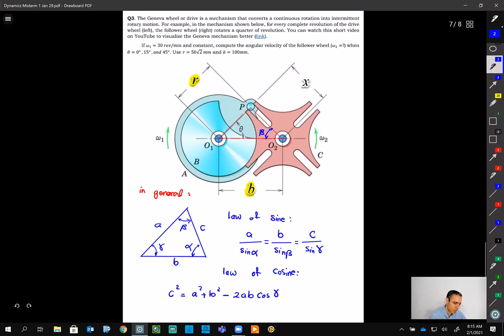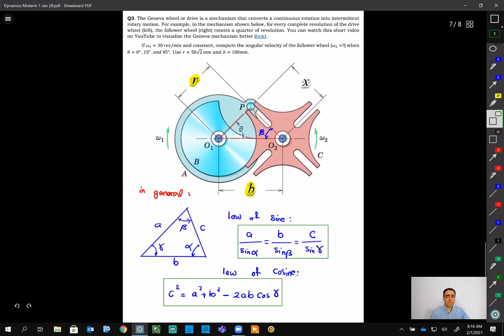And you can test this formula. If you put gamma equal to 90, this term becomes 0 and this is the familiar Pythagorean formula that you all know. So keep these two relations handy, and whenever you see a triangle, in this course or other courses, you can relate these things together.